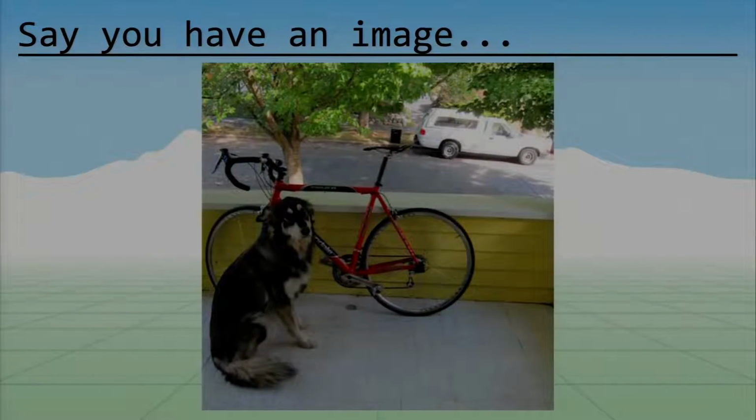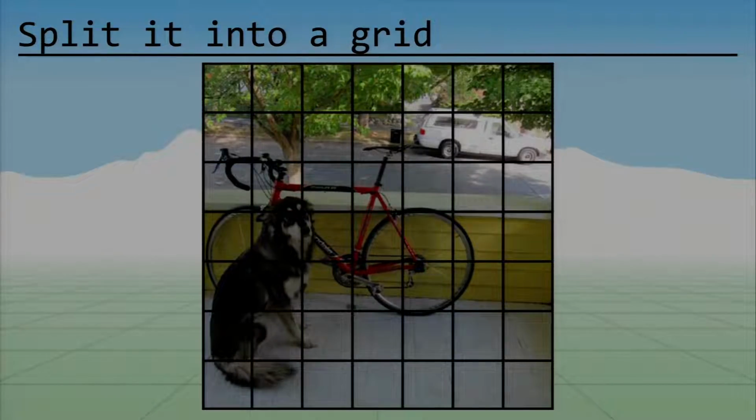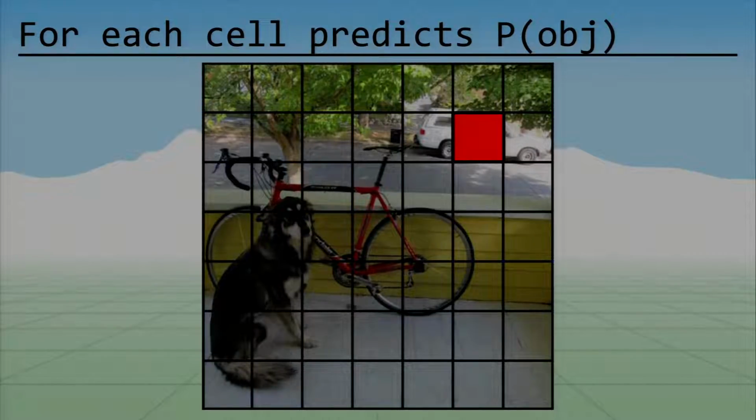So if we have an image that looks like this, what we're going to do conceptually is split it into some kind of grid. And in this grid, we're going to make a bunch of predictions at each spatial location. At each location, we're going to predict the probability that there's an object there.